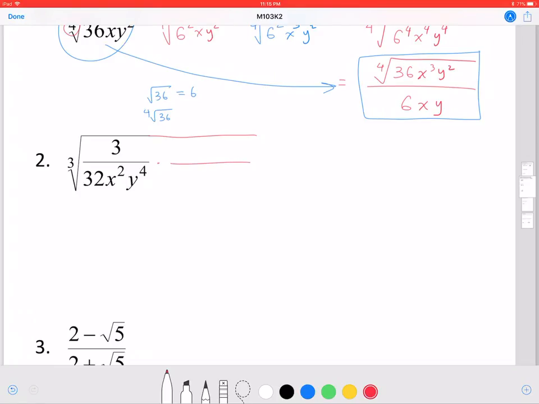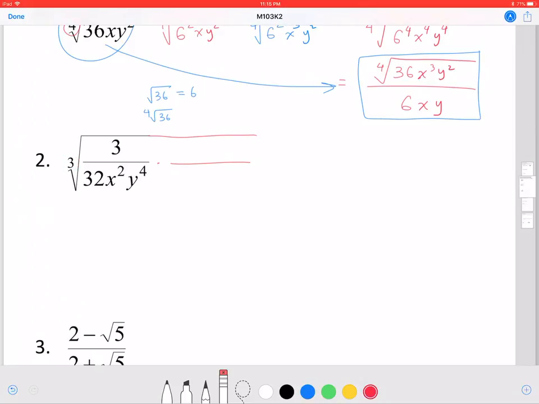Like the previous problem, whatever I do at the bottom must be the same at the top, so that the new fraction that I'm writing has a value of 1. And like before, I want to make my denominator a perfect cube, because now we're dealing with cube root. I know you see that y has a y to the 4th, meaning this can be simplified, true, but I'm not going to do that yet.